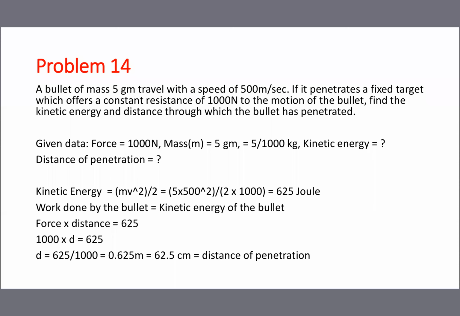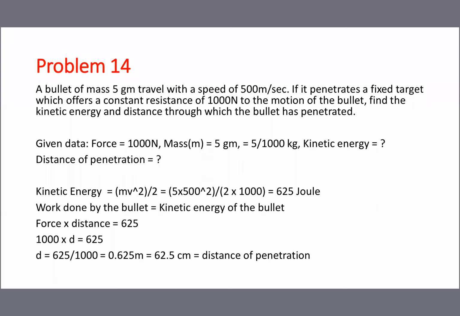Mass value 5 divided by 1000, so 1000 is coming in the denominator. And velocity 500. Your typing is not clear, but the idea is half mv square.